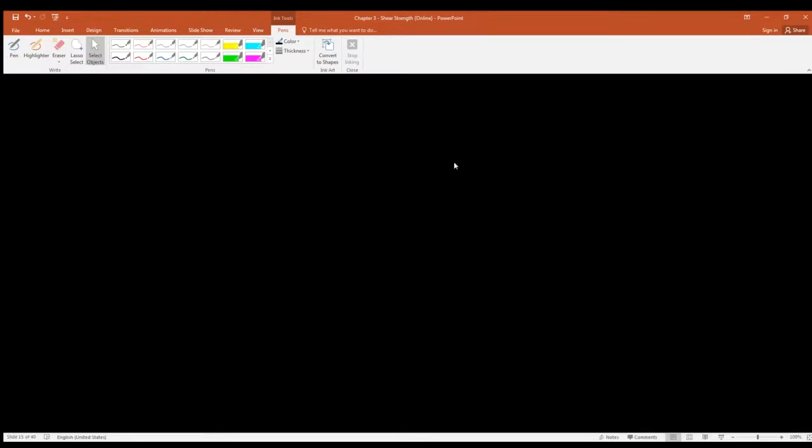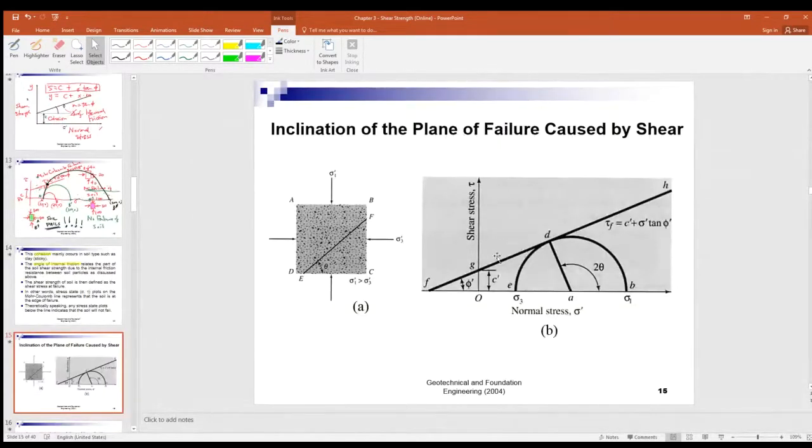The inclination of the plane of failure caused by shear, as you can see from this diagram, the cohesion and the friction angle. Okay.